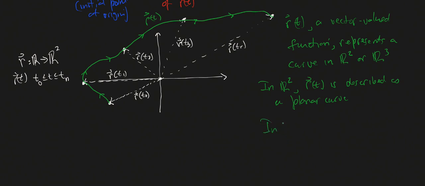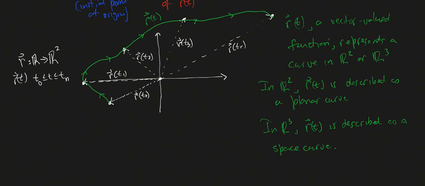In R3, r of t is described as a spatial curve, or simply a space curve. That sounds so cool. So again, these are not just things where we know functions, we know vectors, and we kind of put them together. We have a geometric way of interpreting what these vector valued functions represent.